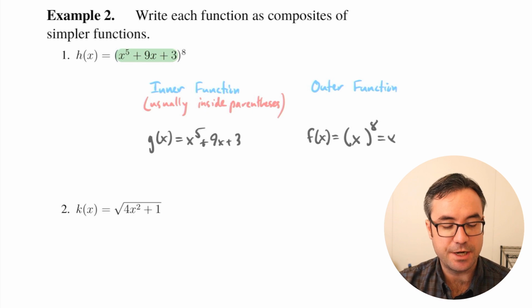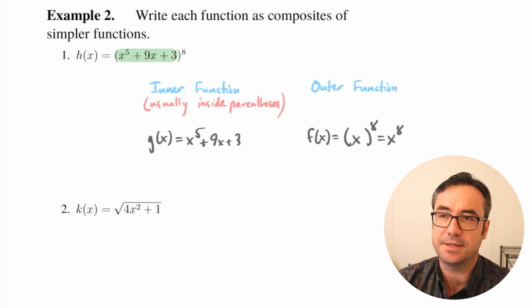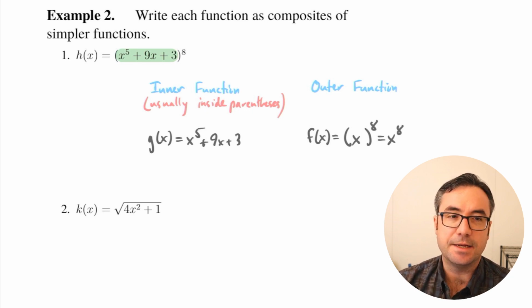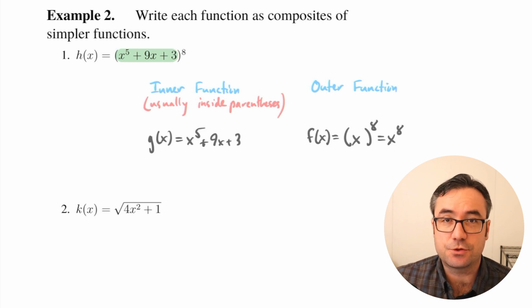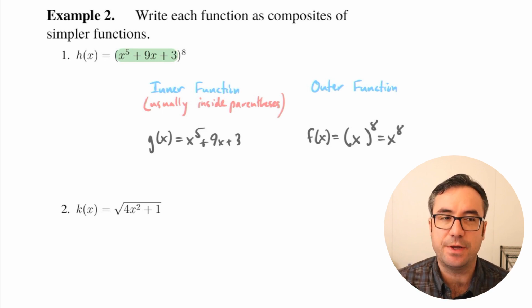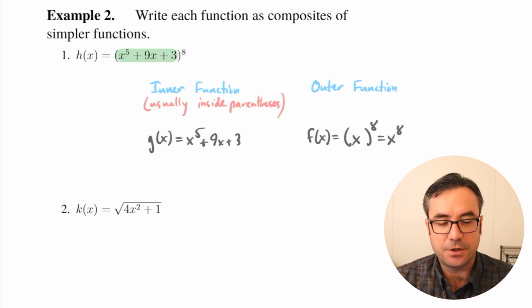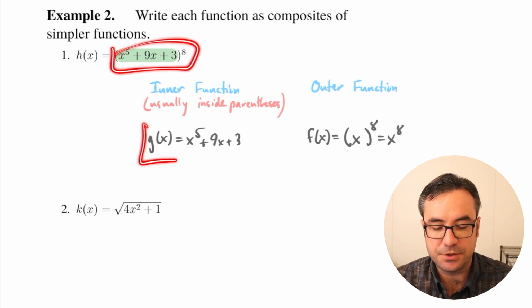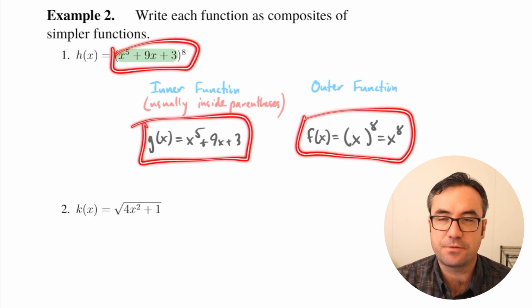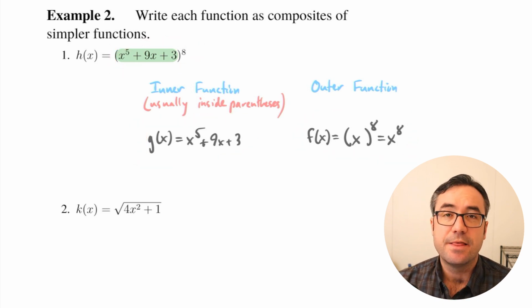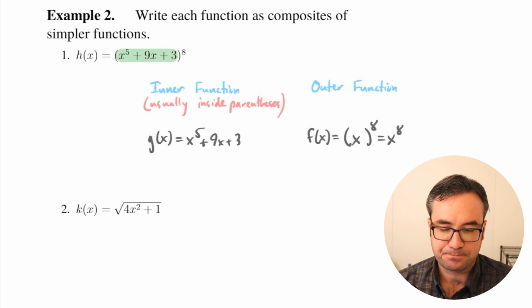So our outer function here is going to be x raised to the power 8. And if you were to try and redo the composition, what we've done is we've broken this function apart, and we found two smaller functions, or two simpler functions, that make it up.